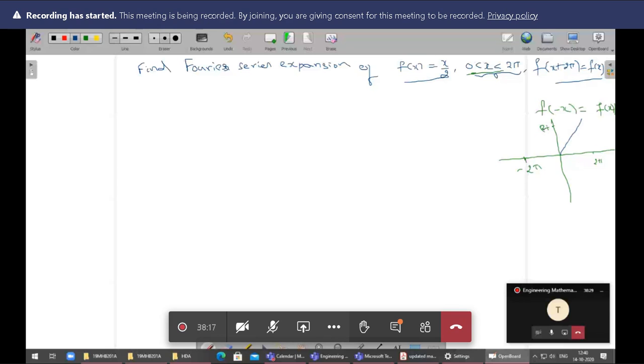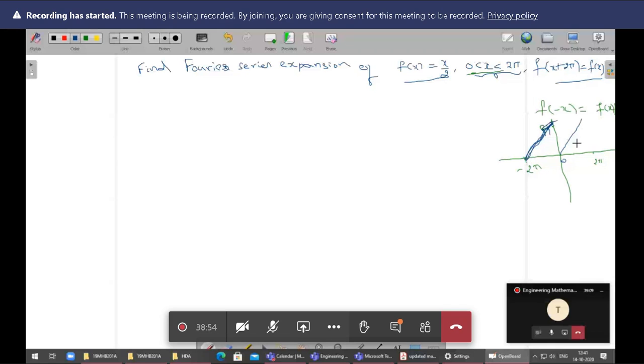Since it is a periodic function, the nature of this has to replicate in the other 2 pi period. So 0 to 2 pi is this. If I extend another cycle from minus 2 pi to 0, this is the graph of the function. The same thing will be replicated. At minus 2 pi it is 0, and at 0 it is pi.